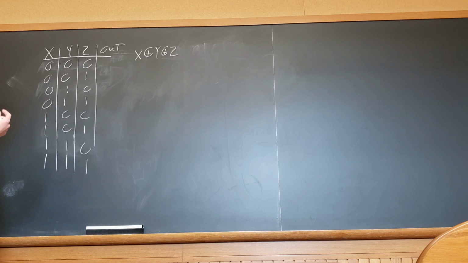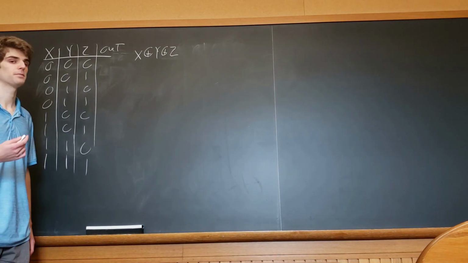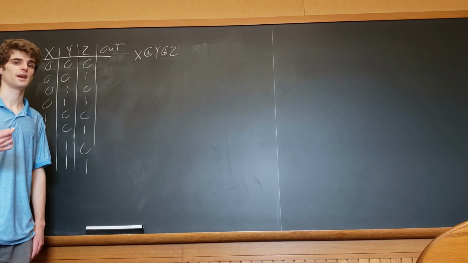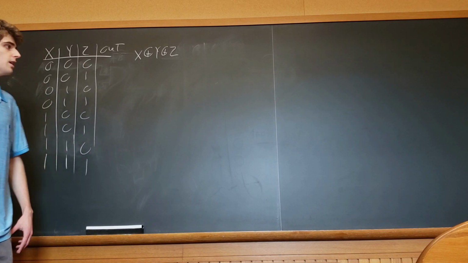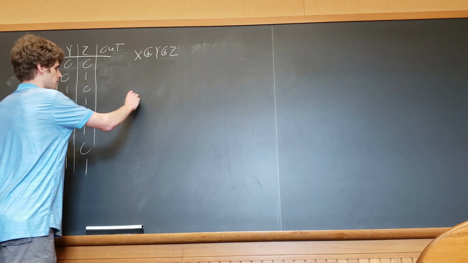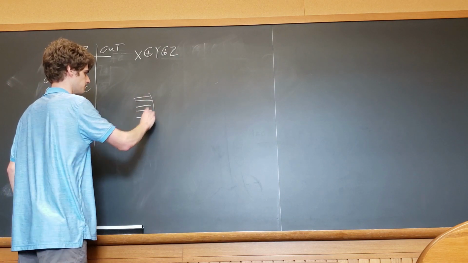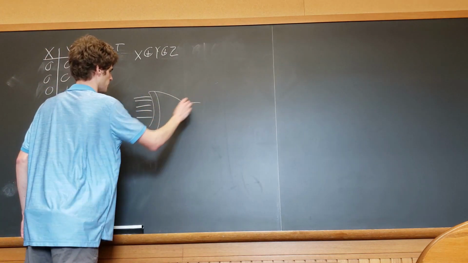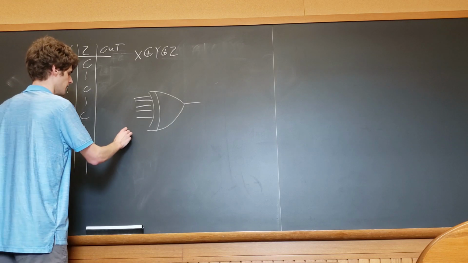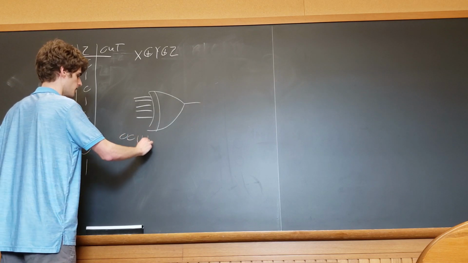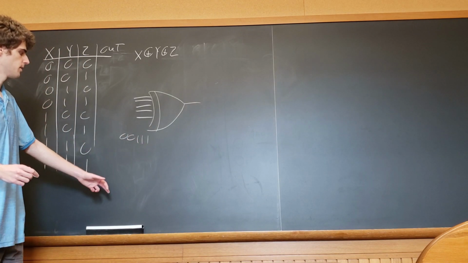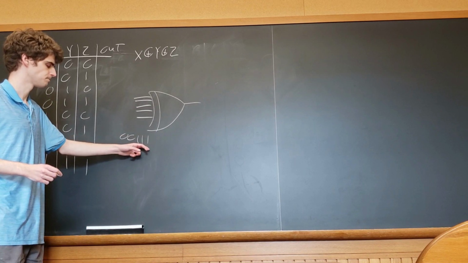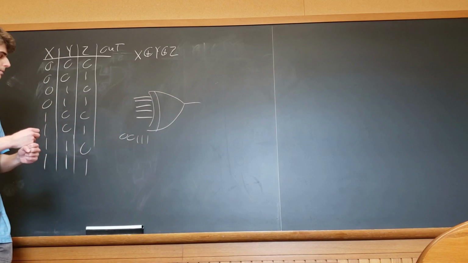For an XOR gate, if you have an odd number of inputs that are true, the gate will output a 1. Let's say I had a 5-input XOR gate, and let's say I were to feed in 0, 0, 1, 1, 1. Here I have 3 inputs that are true, and 3 is an odd number.